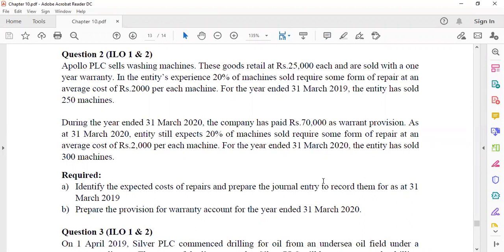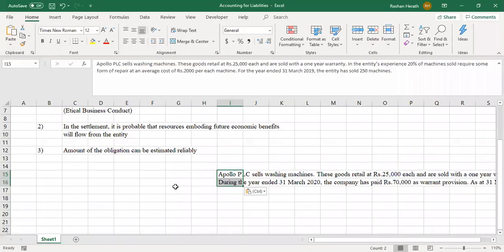Apollo PLC sells washing machines. They retail at 25,000. In the entity's experience, 20% of the machines sold require some form of repair at an average cost of 2,000 per machine. For the year ended 31st March 2019, the entity has sold 250 machines. It is pretty straightforward.